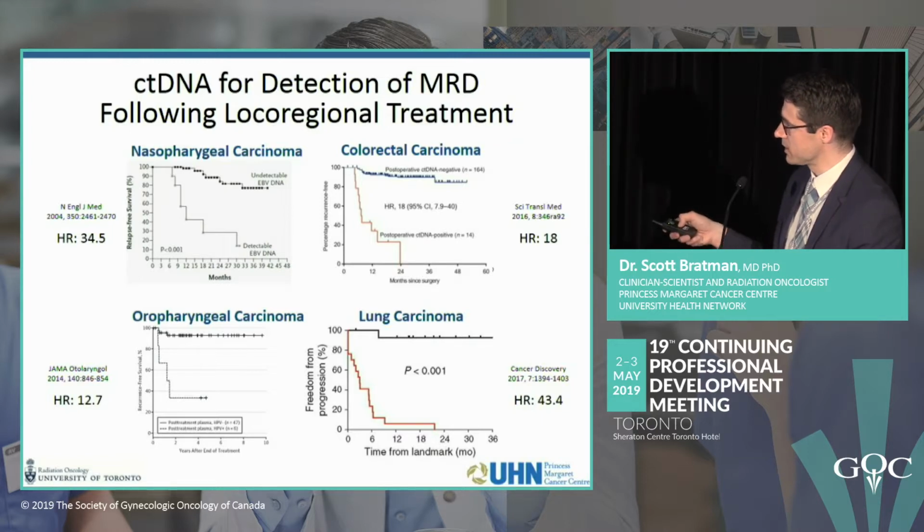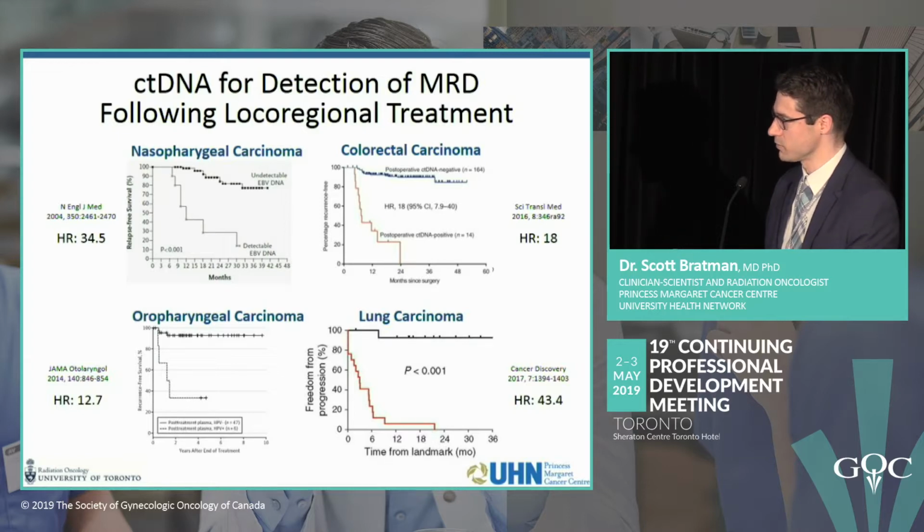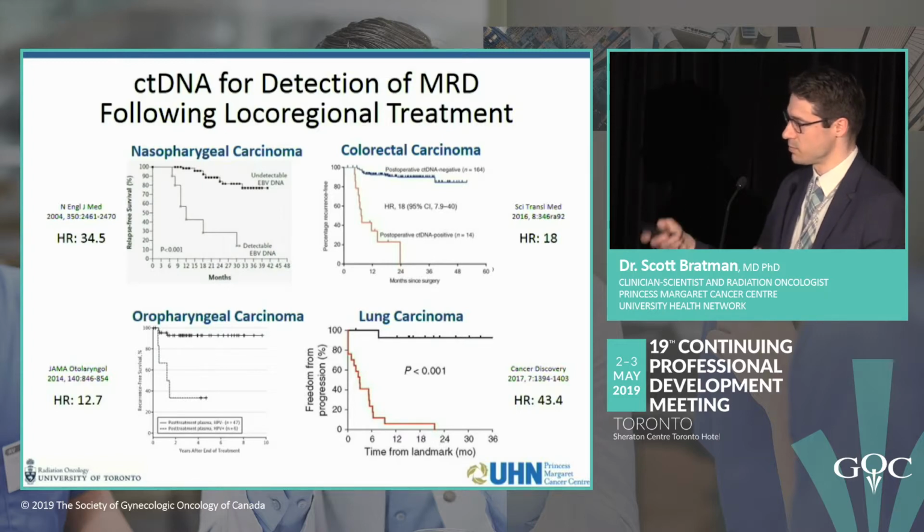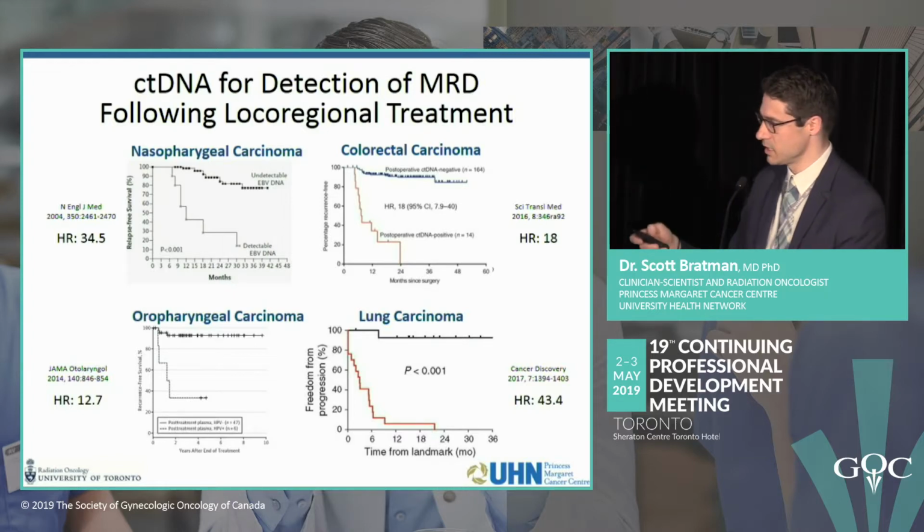Similar findings have been seen in colorectal cancer and lung cancer, and I show this small study from oropharynx cancer because this was HPV-related oropharynx cancer, again showing, with very high hazard ratios, a very strong prognostic effect of residual detectable HPV DNA after local regional therapy.